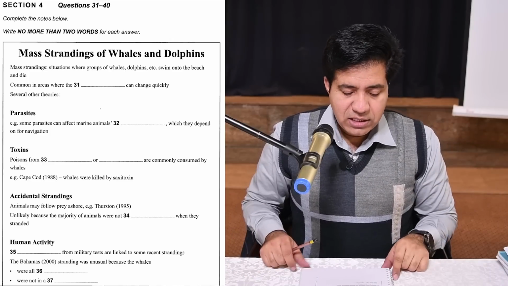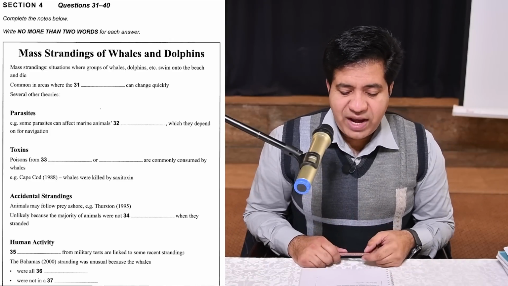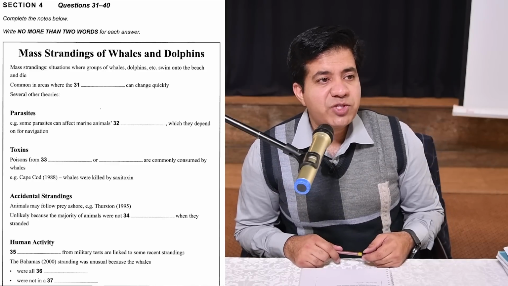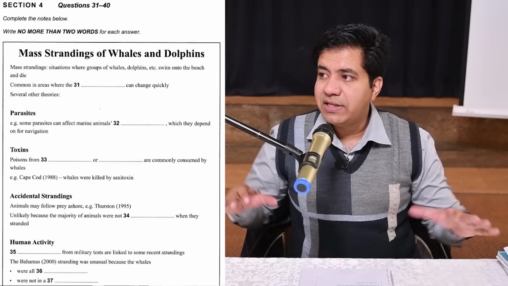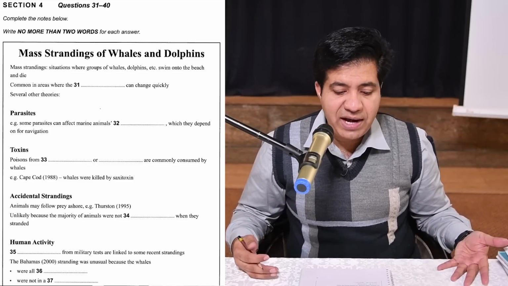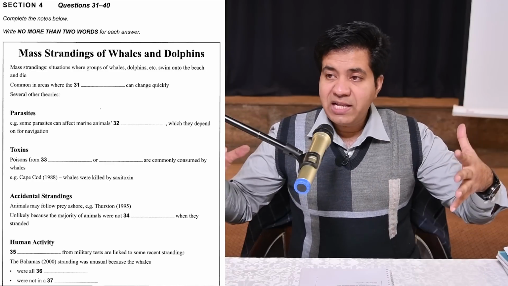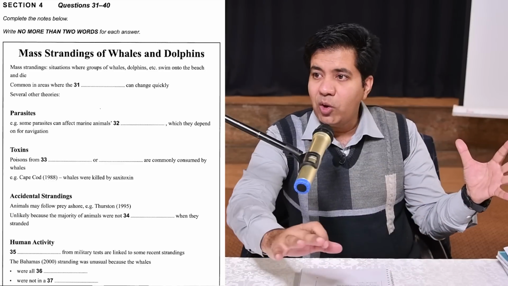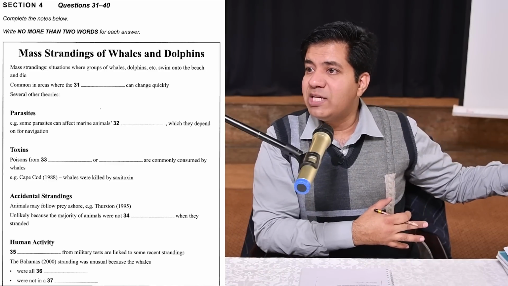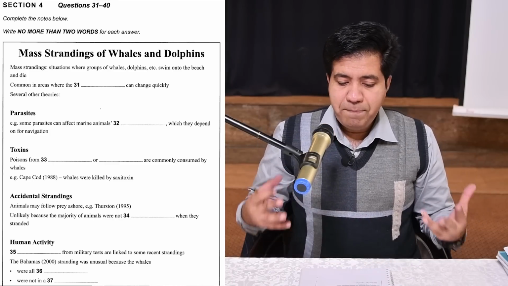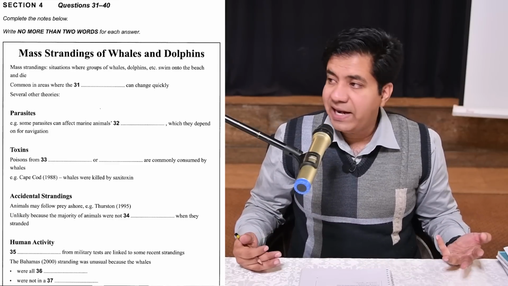Exactly, yeah. So mass strandings of whales and dolphins. Now if you don't understand mass stranding, that doesn't matter. In the audio they will explain in the beginning what is mass stranding. By the way, when whales and dolphins come closer to the beach and then the tide is low, they are stranded on the beach without water and eventually they die, this is called mass stranding of whales and dolphins.